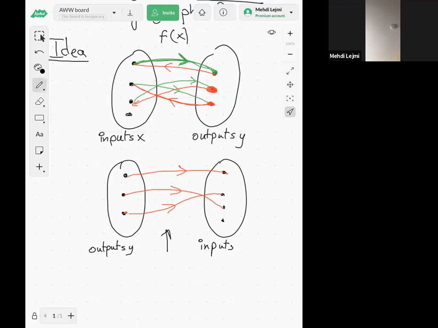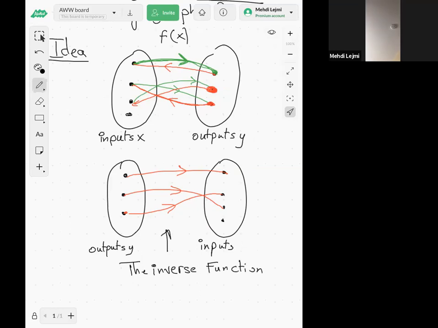Remember, guys, to find the inverse function you have to interchange X and Y: X becomes Y and Y becomes X. So in some sense you reverse the arrows, going from Y to X. So this is the inverse function.